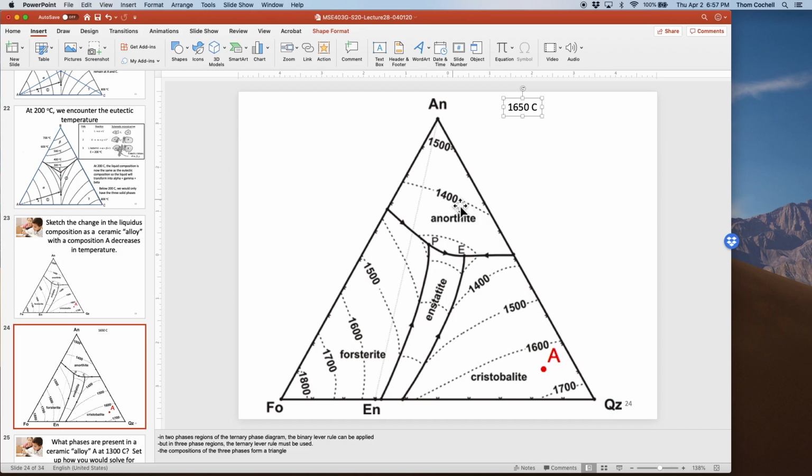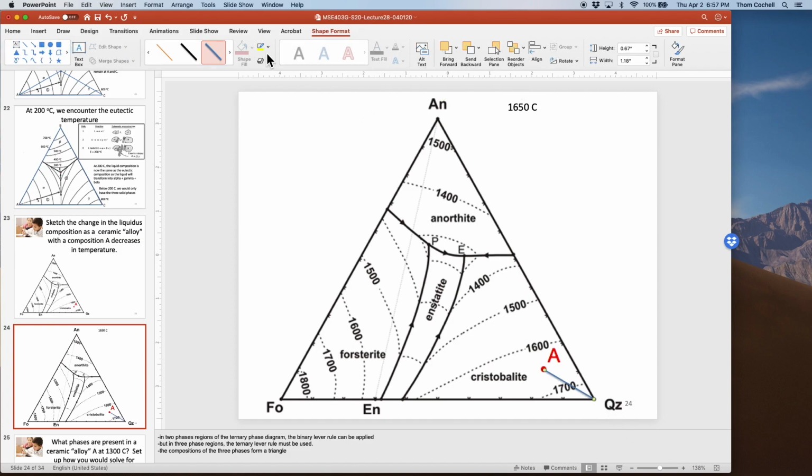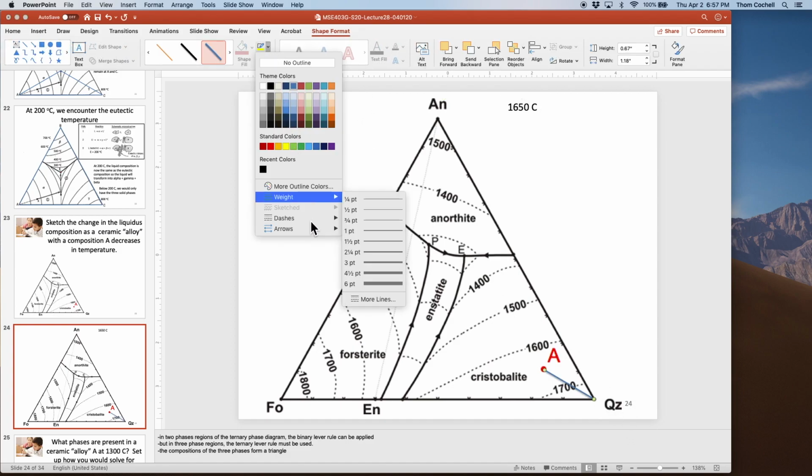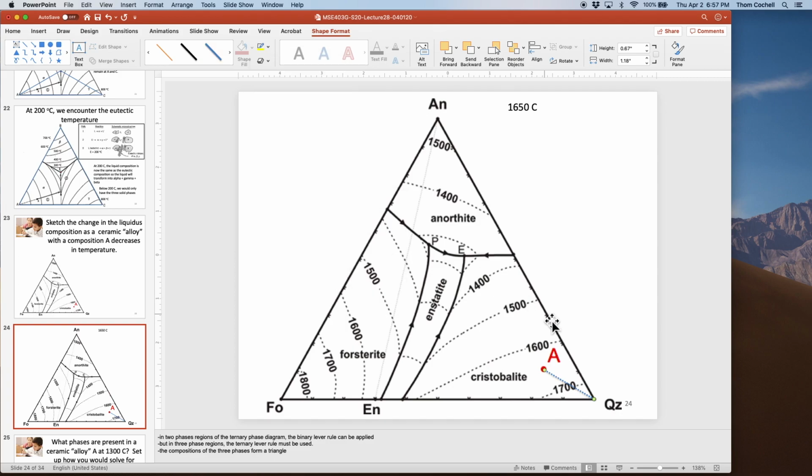So let me make a line here from A to, effectively, my tie line, and I'm going to make it dashed. This is the solid composition, and right at 1650, this would be my liquid composition, right? That's what this is telling me.